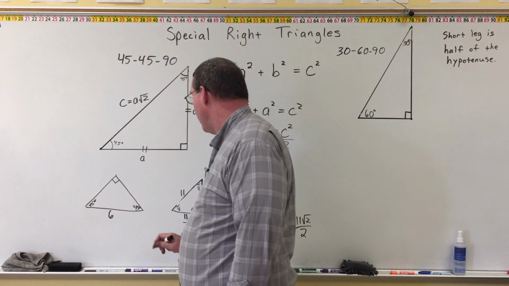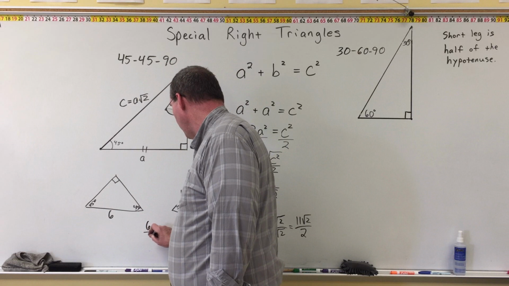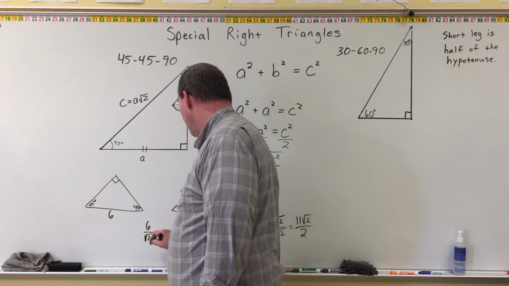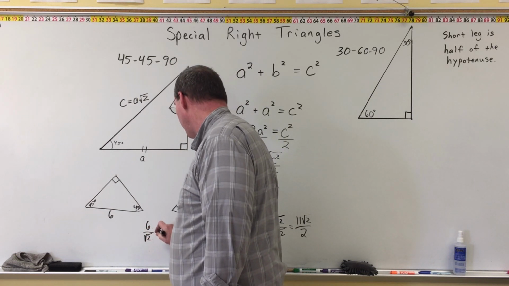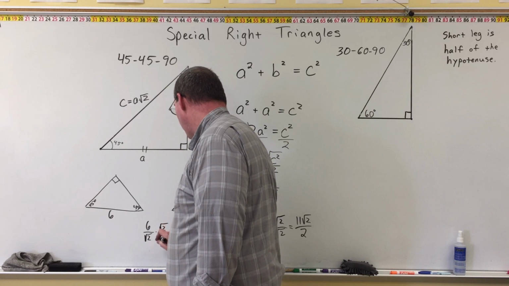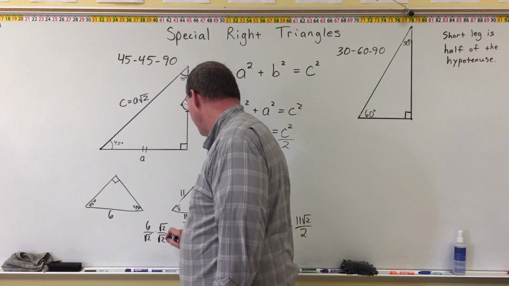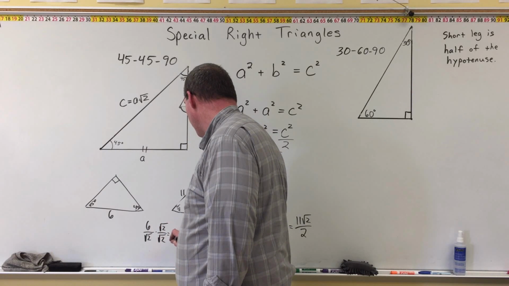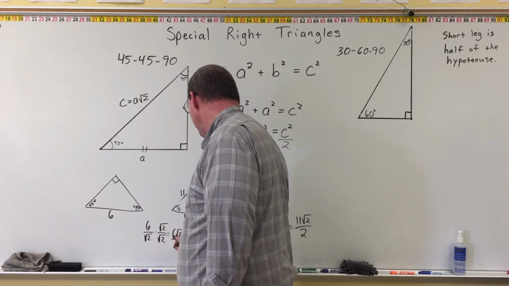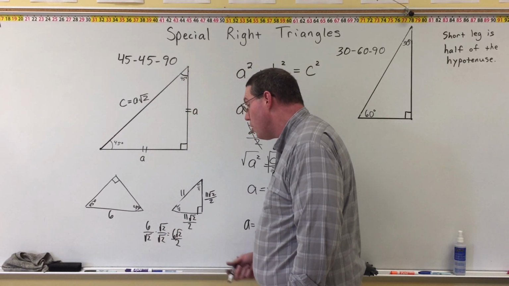Oh, well that's easy. You just take the 6 and divide by the square root of 2. Well, now 6 over the square root of 2, we have to rationalize. We have to do square root of 2 over the square root of 2. And what we wind up with is 6 square root of 2 over 2. But 6 divided by 2 is 3.